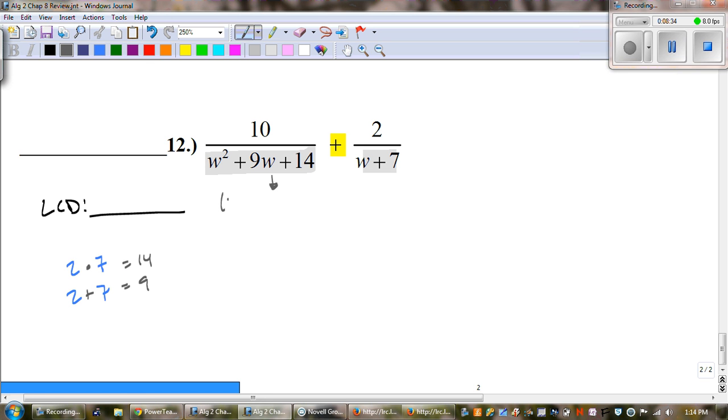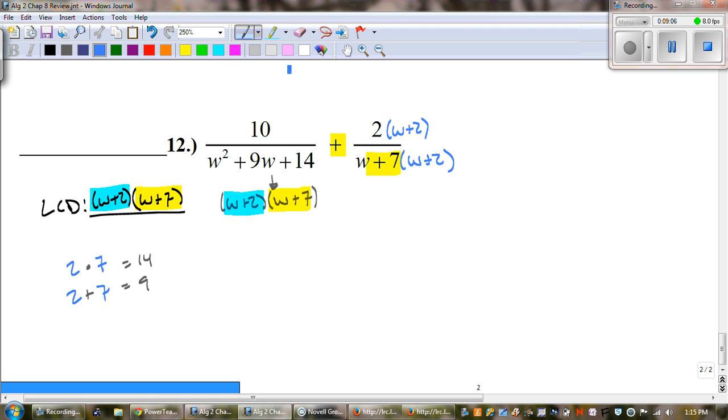I can do the shortcut, so it's w plus 2, w plus 7. So they both have in common already the w plus 7, which is awesome. But what's the one on the left or the one on the right missing? It's missing that w plus 2. And if I'm going to combine these, that's what I have to multiply by.